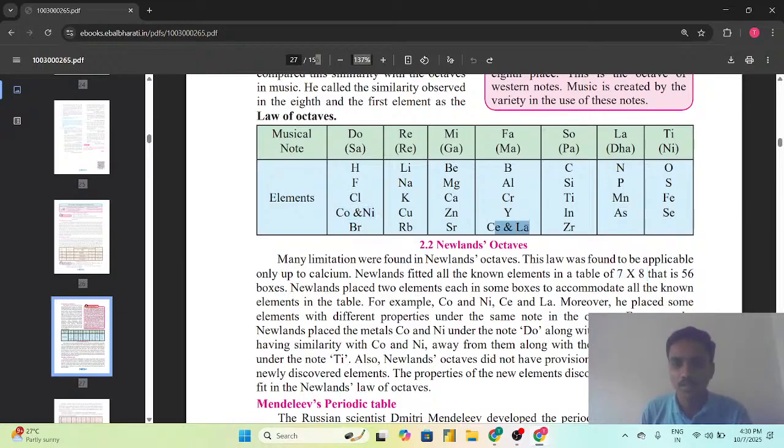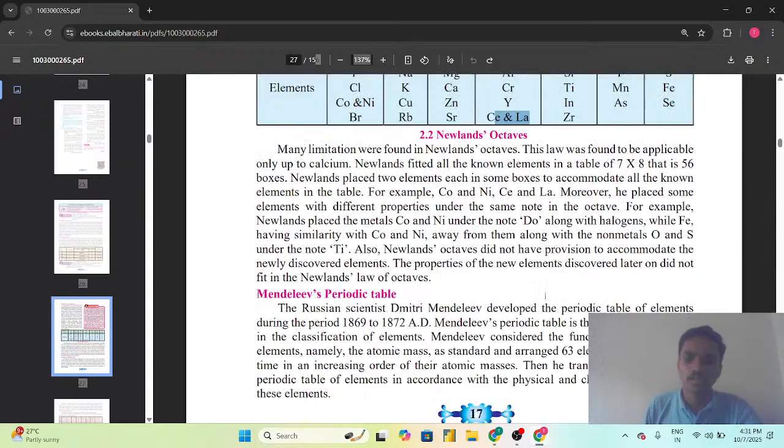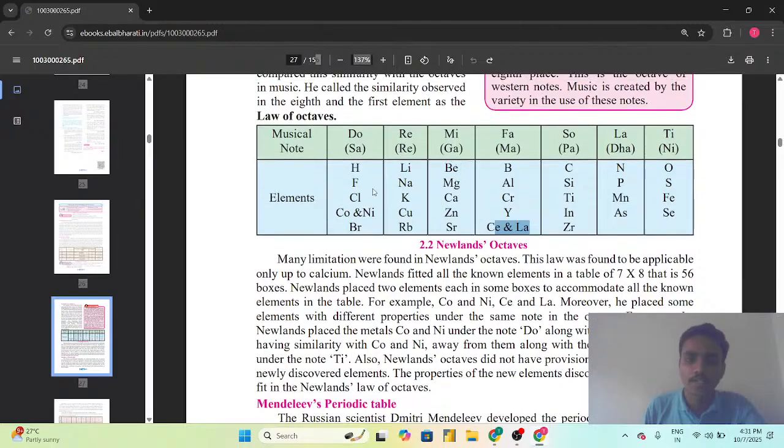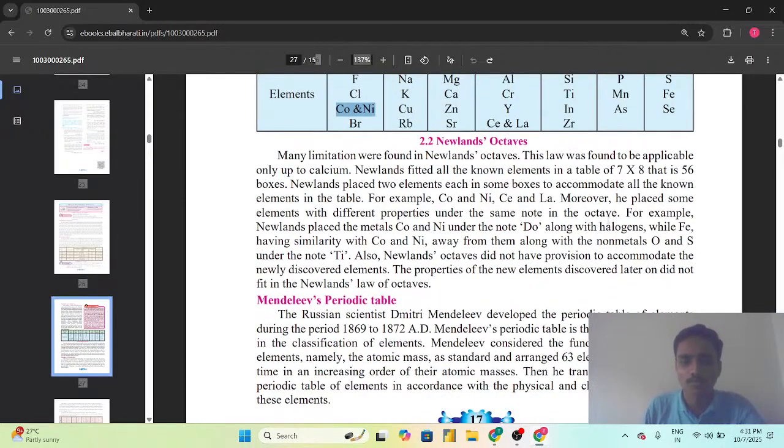Then cesium and lanthanum are placed in the same box. He could not classify whether they belonged to the same category, so he studied the chemical properties of the two elements and put them in the same box. So this was a limitation of Newlands' law of octaves.